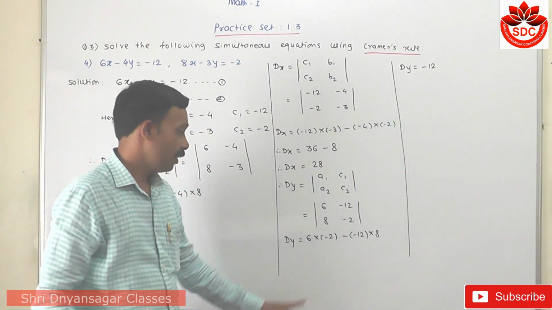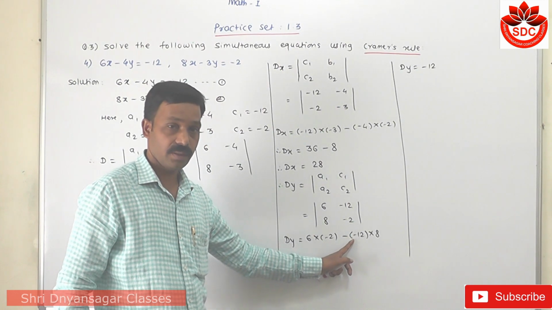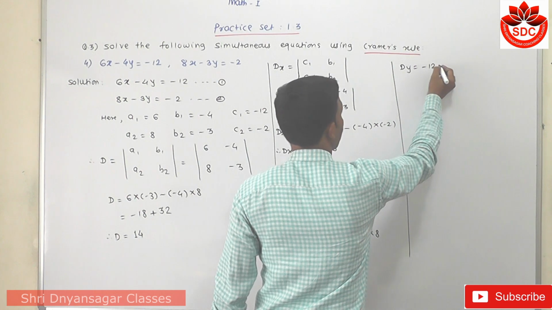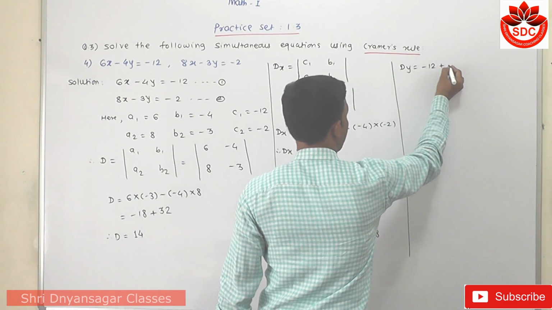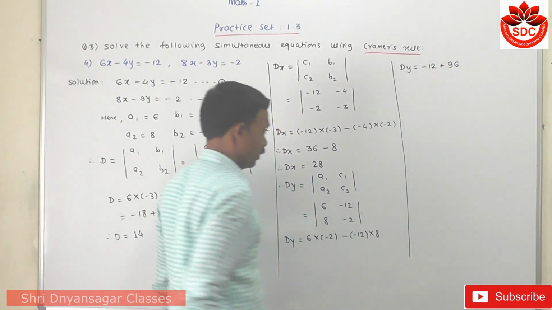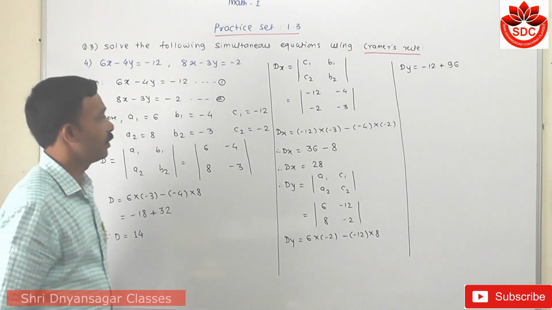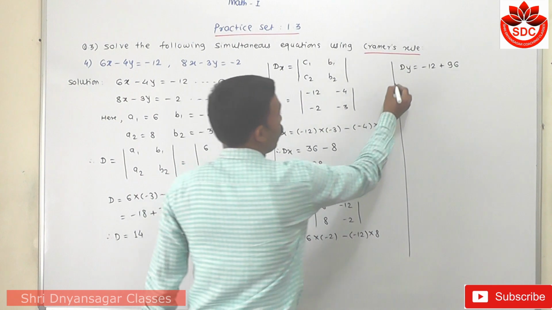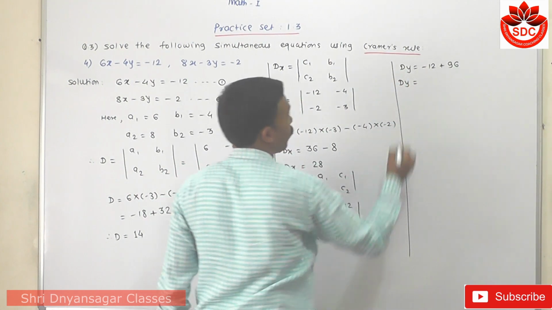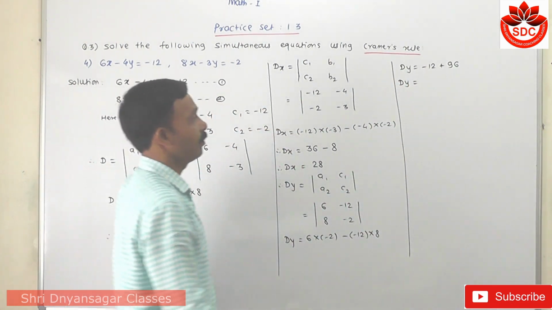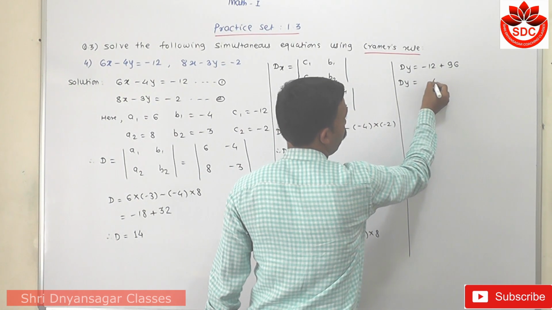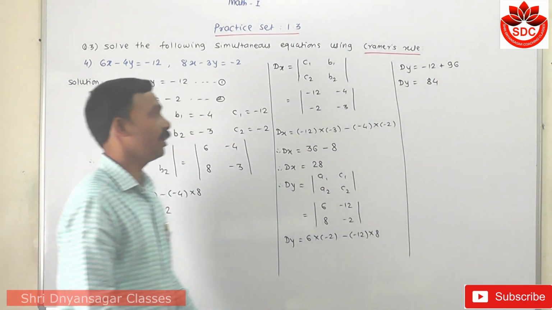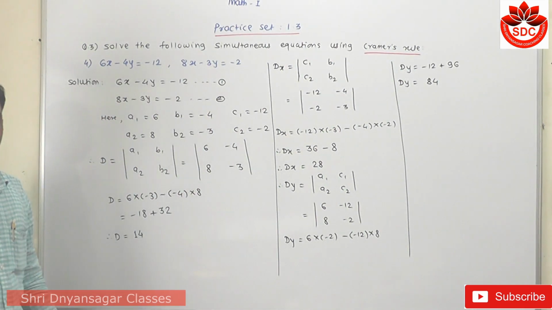Therefore, Dy is equal to minus 12. Now then minus into minus is plus. 12 times 8 is plus 96. Okay. Then we can find its subtraction. Now the subtraction becomes, this one is 12 and 96, giving the sign of the bigger number, that means 84.